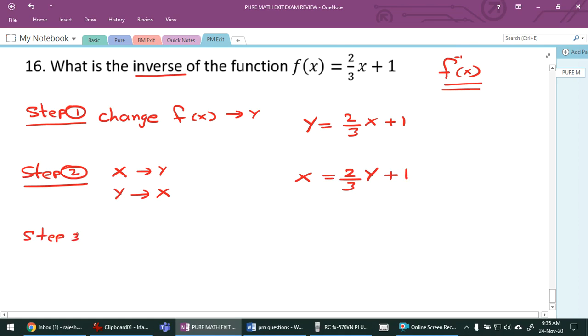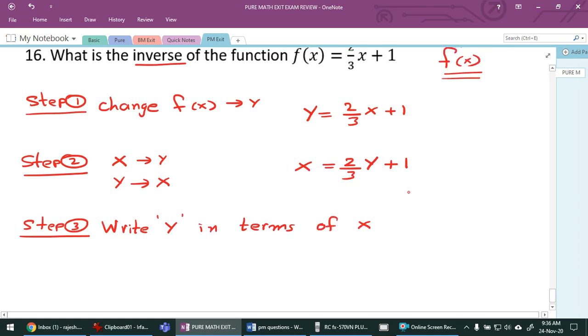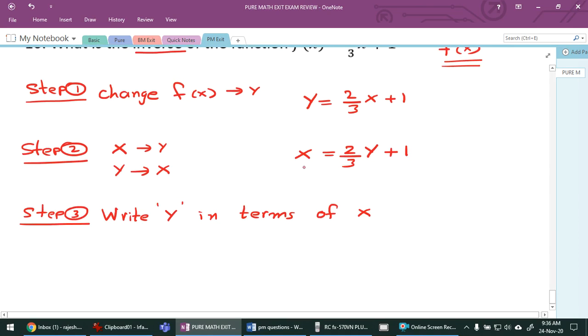Now step 3. Step 3 means write y in terms of x. See here in this step 2, you have written x equal to an expression in y.